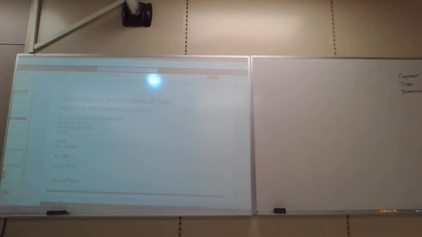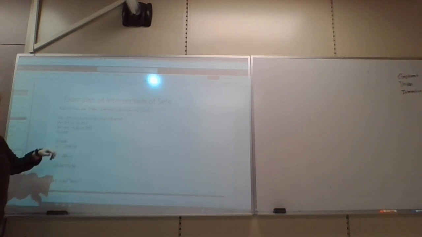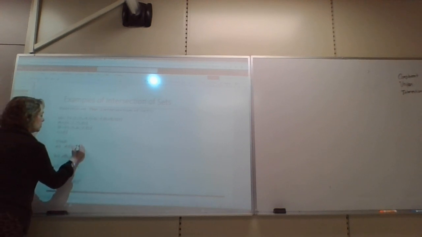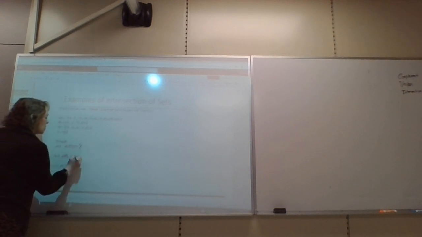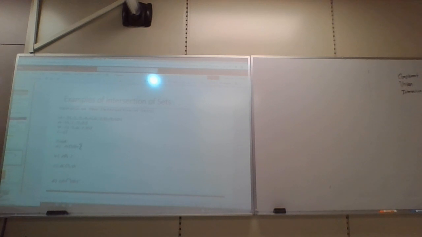Okay, now we're going to do some intersection of sets. Anytime we talk about the intersection, we have the universe, which is 1 through 10, as you can see. Then we have set A, set B, and set C. Let's find A intersect B. You look at A and B, you put equal the squiggle. What do A and B have in common?